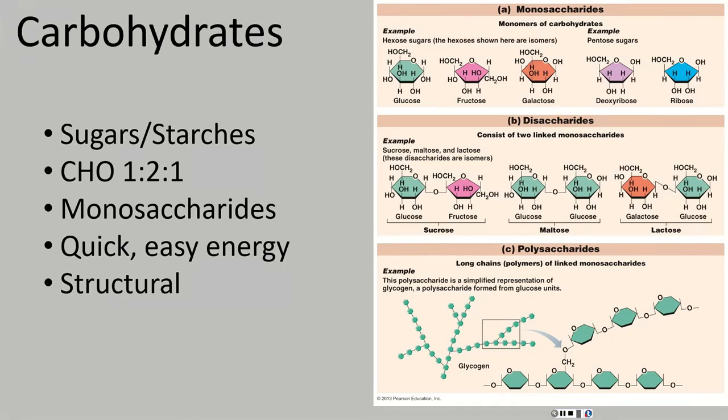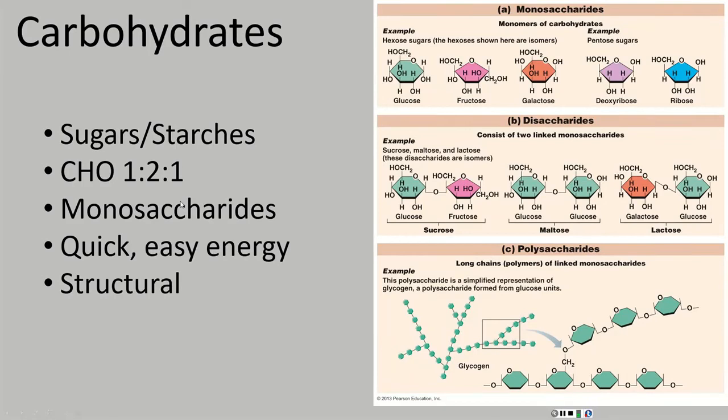Now, sometimes, and we'll see this when we get to chapters 3 and 4, talk about the cell, carbohydrates can also form structural components at the cellular level. Cells will hold on to their neighbors using carbohydrate chains. Certain parts of our body's architecture, the framework that builds our tissues, can be carbohydrates.